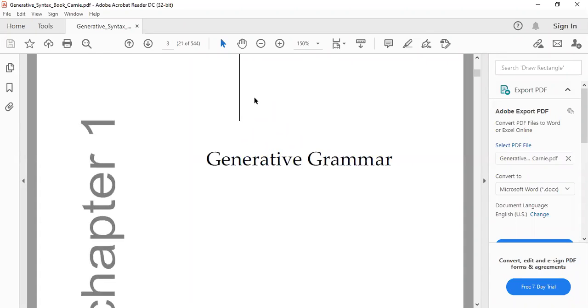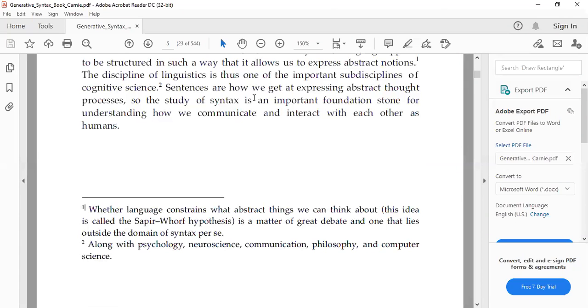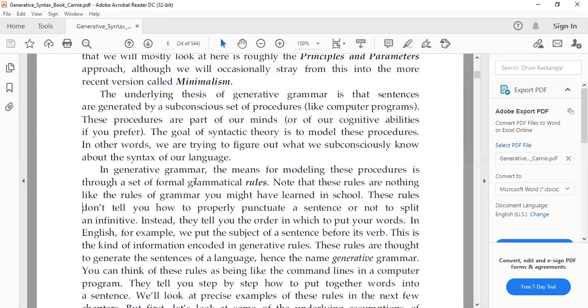In this case, we gather data, we analyze data, we make generalizations, and then we test our hypotheses or generalizations against the new data. And if we find any discrepancies, any conflict between our generalizations or our rules, we need to change these rules.